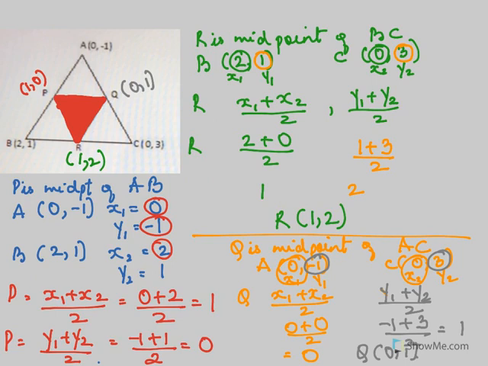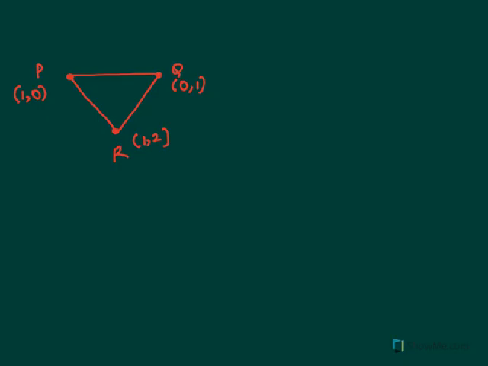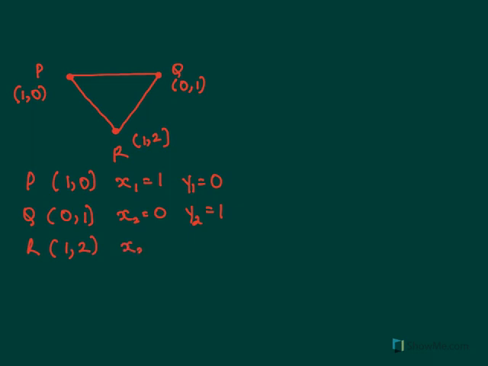Now we'll go ahead and find the area of it. So here are the three coordinates. I've not drawn the outer triangle, we don't need it now. So P is (1, 0), x1 is 1, y1 is 0, Q is (0, 1), x2 is 0, y2 is 1, R is (1, 2), x3 is 1, y3 is 2.